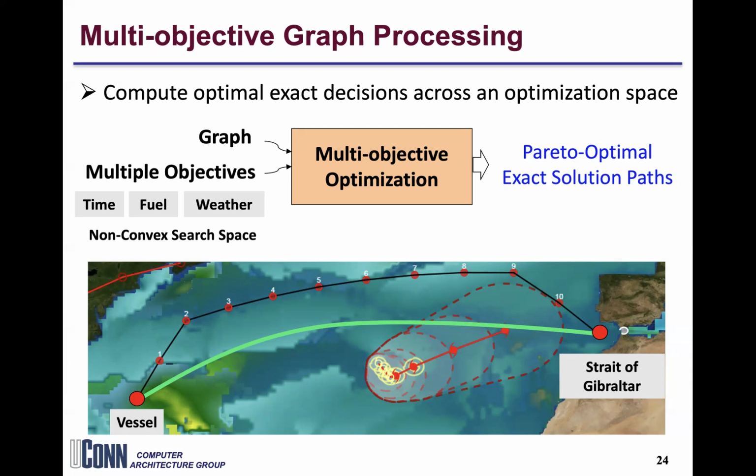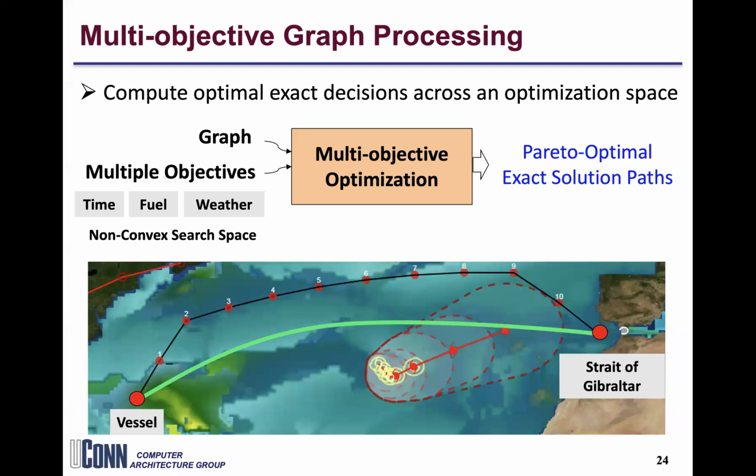I'll give you an example. This is a real-world example from the US Navy, where you have a vessel, you want to route a vessel to some place. If you use your traditional shortest path, you can compute this green path. But in future time, there may be a hurricane that evolves, and you may get interdicted by that hurricane, and that can be destructive.